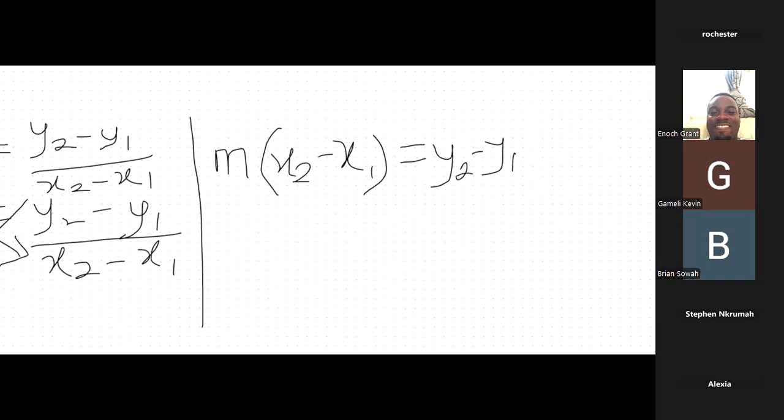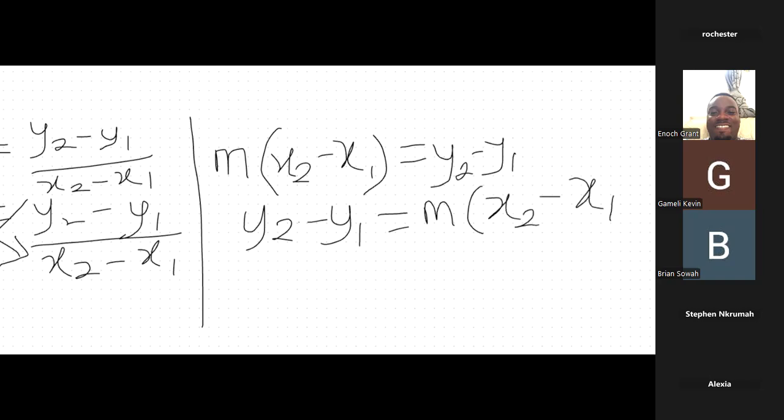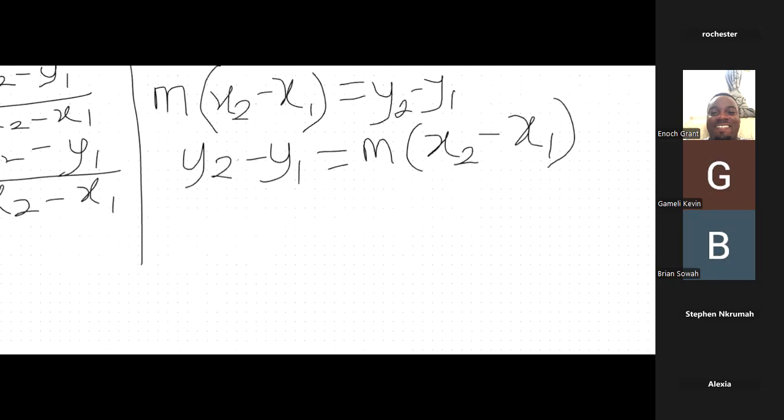So finally, we're going to get something like this: y2 minus y1 should be equal to m into brackets x2 minus x1, brackets close. Very interesting. So now we are getting closer to our derivative. Make sure if you don't understand something, you quickly raise your hand, so that you can catch us and move along with us.